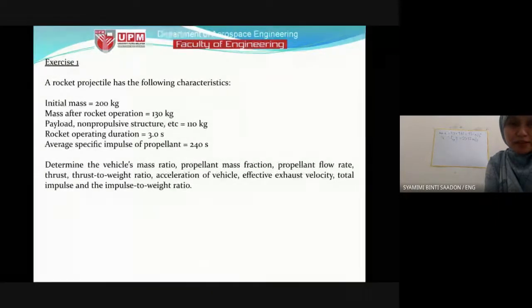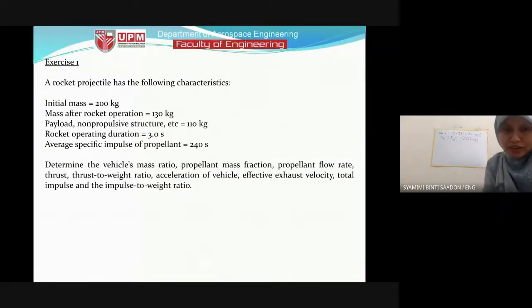Total impulse. There are two methods to calculate the total impulse. One method is by using all the values that we have here.